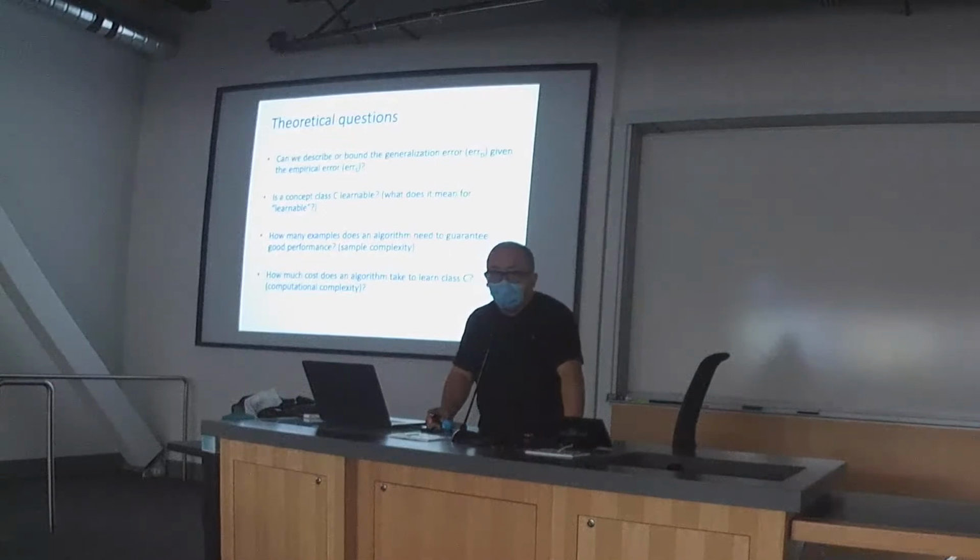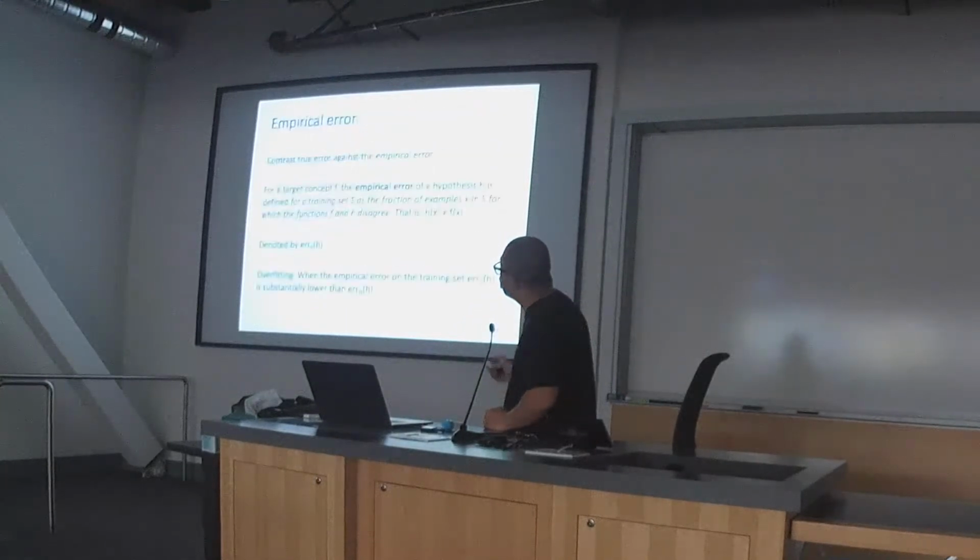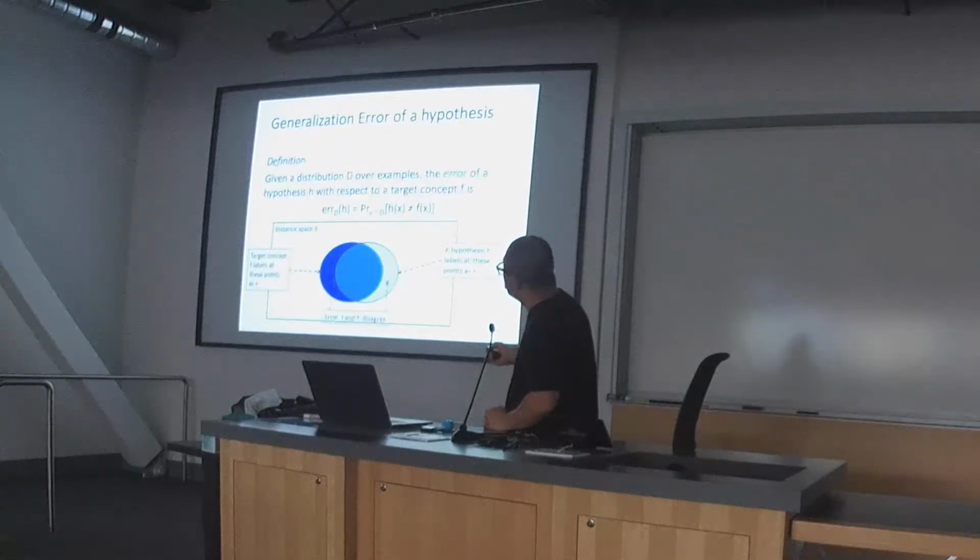So here are a few critical questions that computational learning theory wants to answer. First, although the generalization error or true error seems very good, we'll never be able to compute the true error. Why?